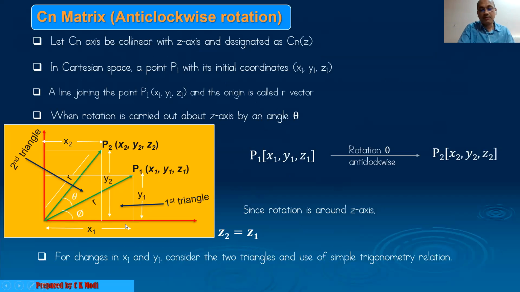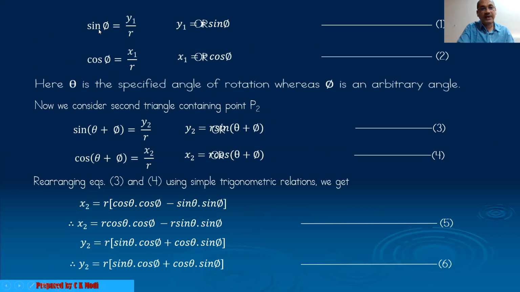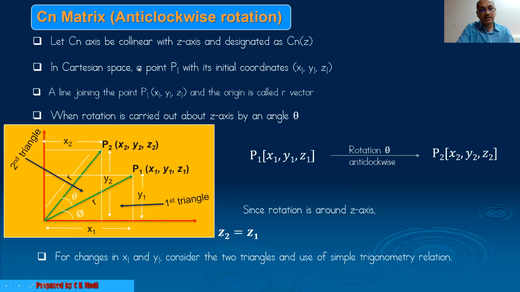What is the value of sine phi? Sine phi is equal to y1 upon r. Now the first triangle with the angle phi. This is the angle phi. So what is the value of sine phi? Sine phi is equal to y1 upon r. Same way, what is the value of cos phi? Cos phi is equal to x1 upon r.